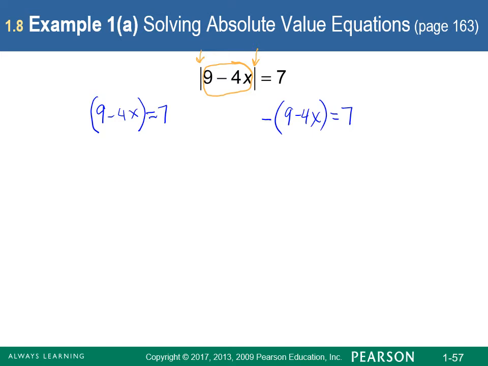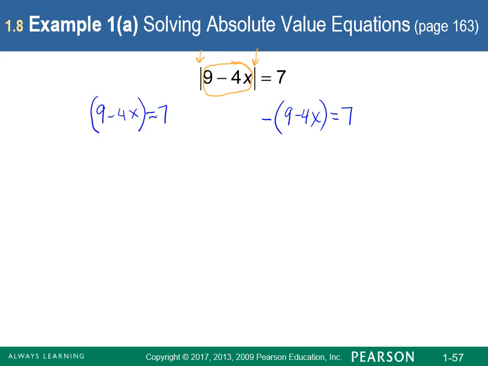So that basically is my technique for solving absolute value equations and inequalities. One time with the positive, one time with a negative. You'll notice that commonly you come out with two separate answers.